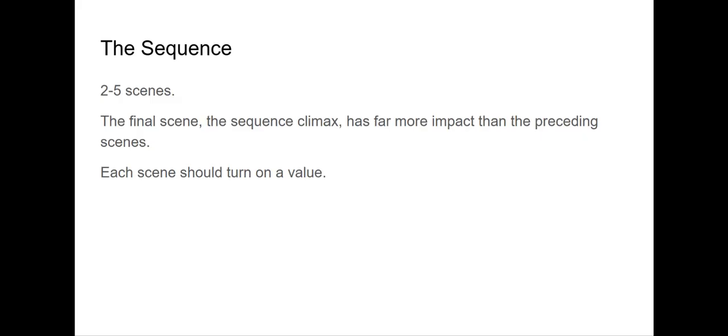There should be this upward trajectory in the stakes. You don't put the high stakes up first, right? You don't put the first scene at an intensity of 10, because now it's going to go downhill and people are going to lose interest, right? You have to have the stakes constantly rising. More and more and more is at risk, okay? And then each scene needs to turn on that positive to negative or negative to positive value, that charge.